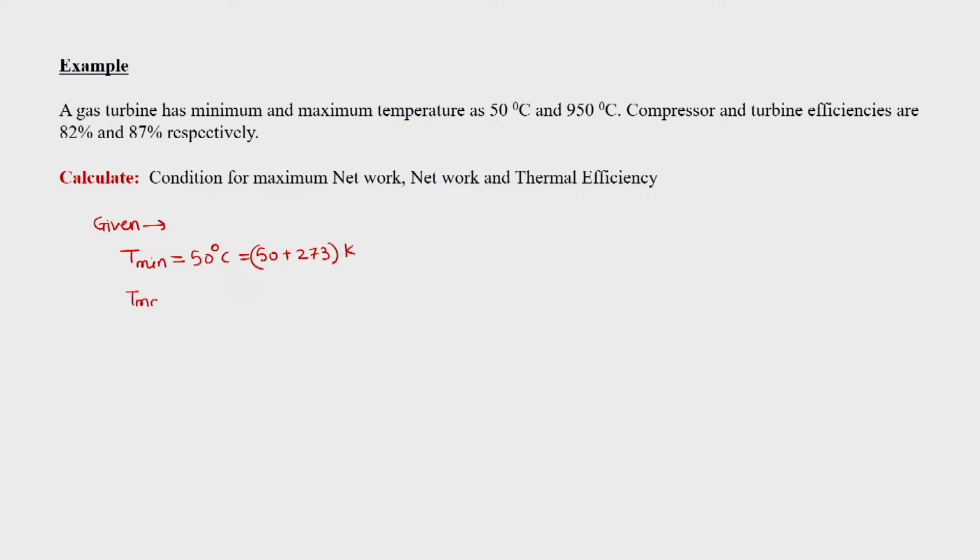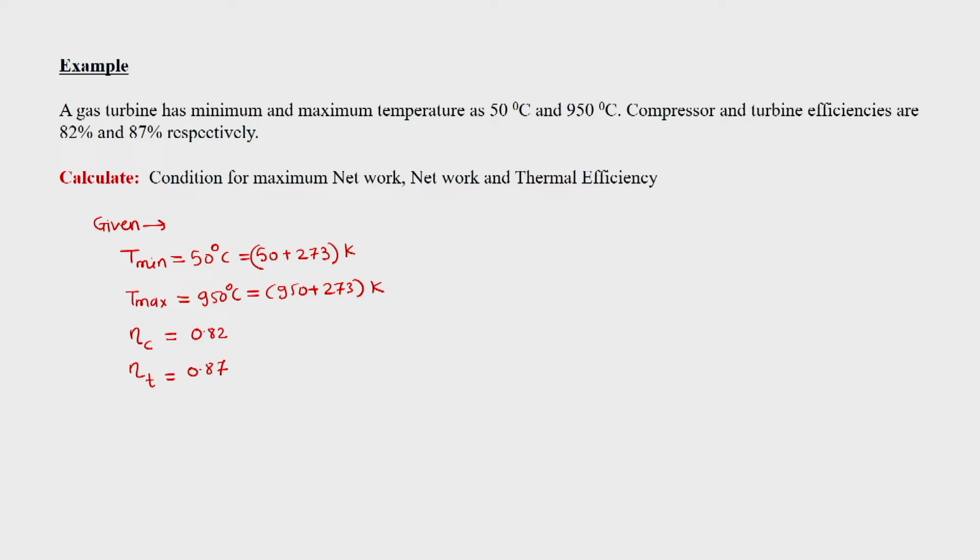Then Tmax is 950 degrees Celsius, so it is 950 plus 273 Kelvin. Along with that, we are given the isentropic efficiency of the compressor as 0.82 and of the turbine as 0.87. This example is based on the derivation which we did for the maximum net work condition.